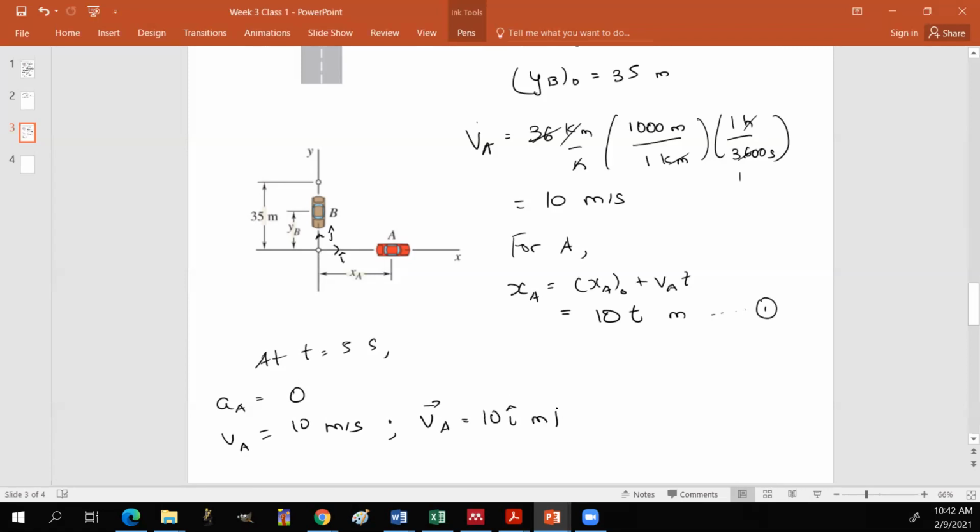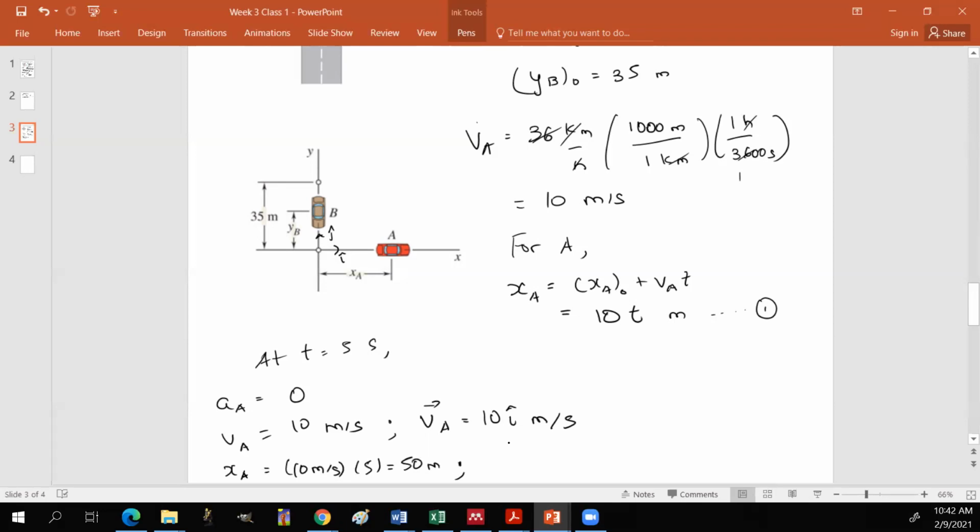So using I hat and J hat unit vectors makes life really easy. So VA is equal to 10 I hat in that direction, right? And then the position XA, we know that it moves in 5 seconds, 10 times 5, so this comes out to be 50 meters.